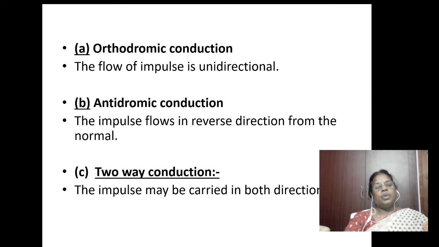First is orthodromic, where the flow of impulse is unidirectional. Antidromic means the flow is in the reverse direction. Two-way conduction means it is carried in both directions, unidirectional one way and also in the reverse manner.